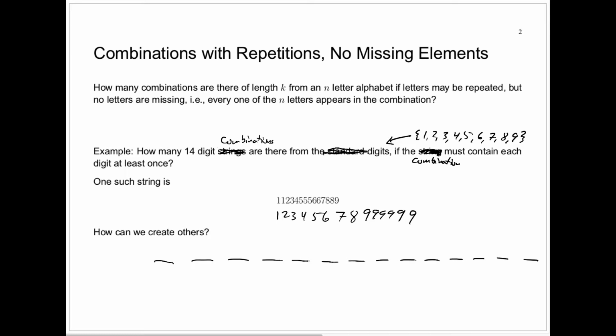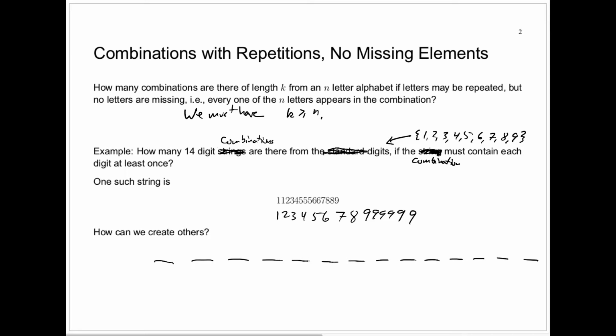The first thing I want to note is that if you have a combination of length k, and there are only n letters in the alphabet, and every letter has to appear once, then we must have k greater than or equal to n. That's certainly true. Every letter has to appear at least once, so the length of the combination better be at least n for that to happen. Of course, the length of the combination can be much bigger if there are lots and lots of repetitions.